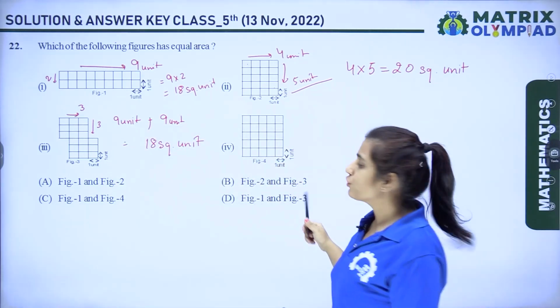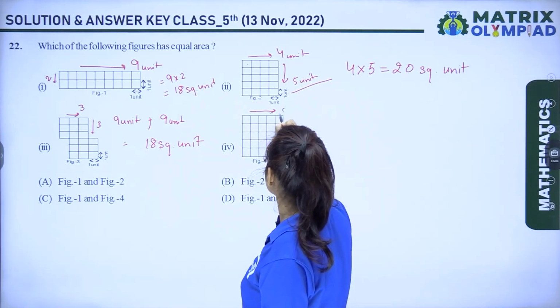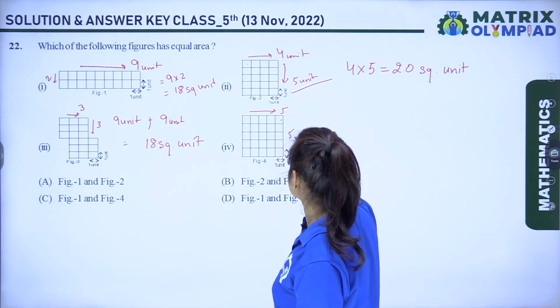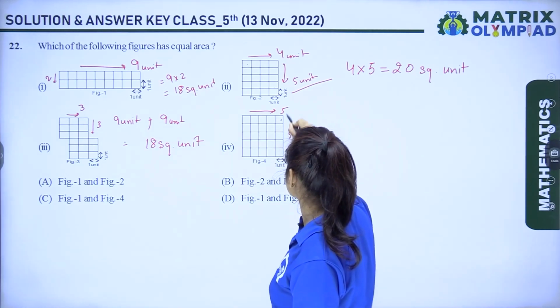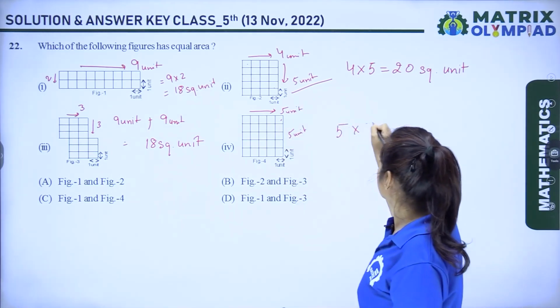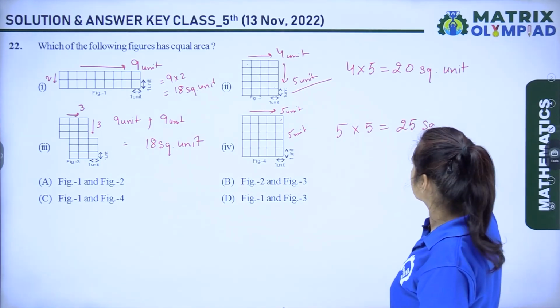Area of fourth figure is, this is 5 and this is also 5 unit. So we get 5 multiplied by 5, that is equal to 25 square unit.